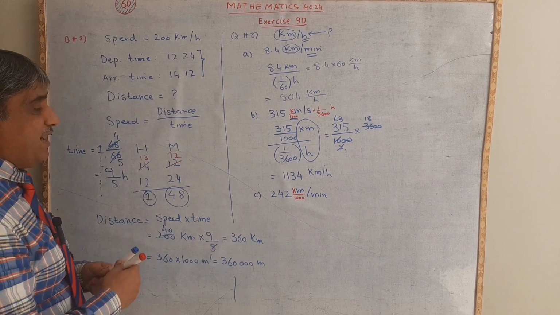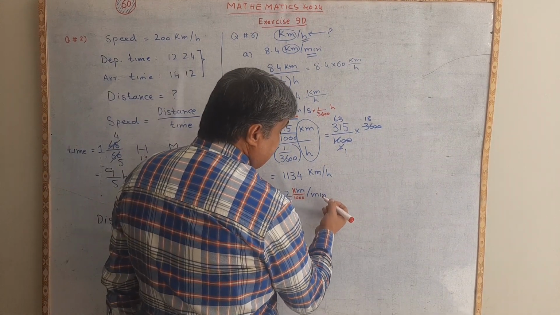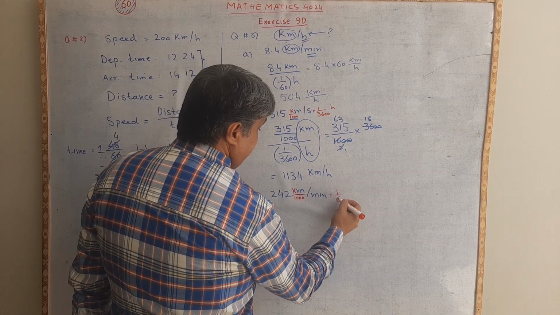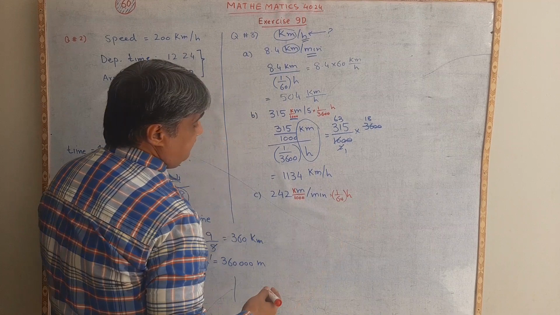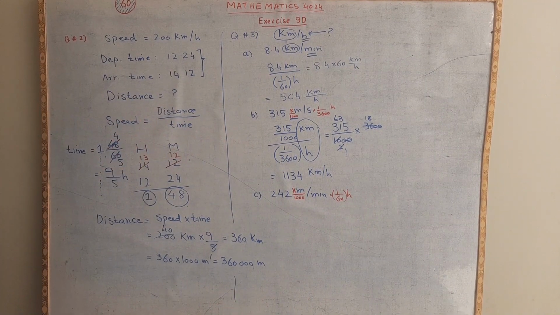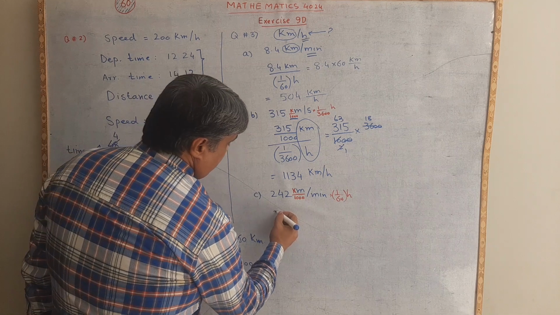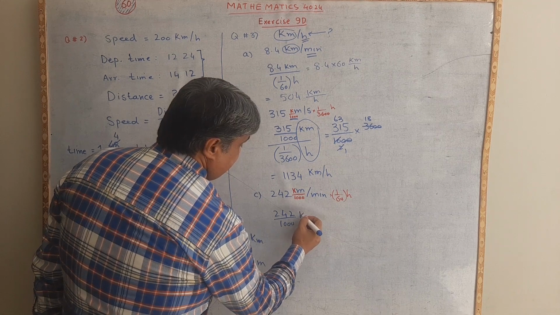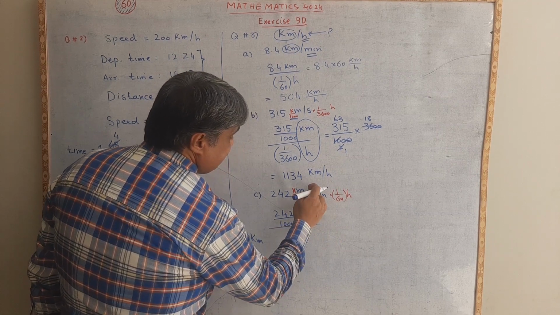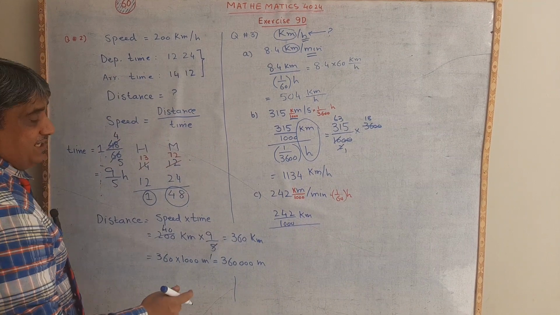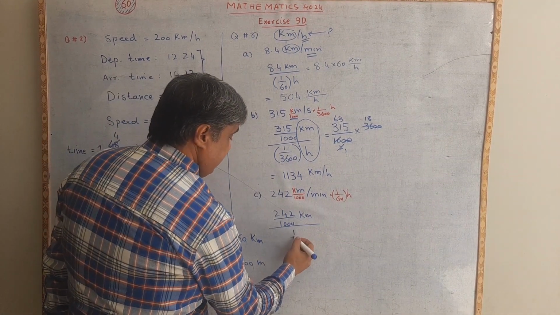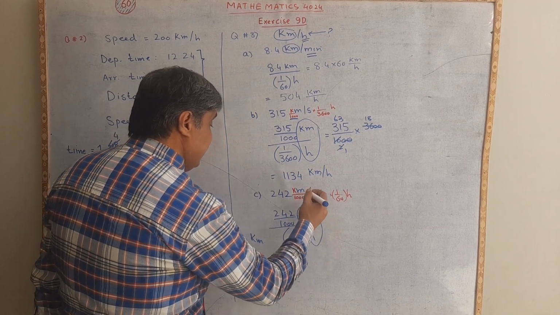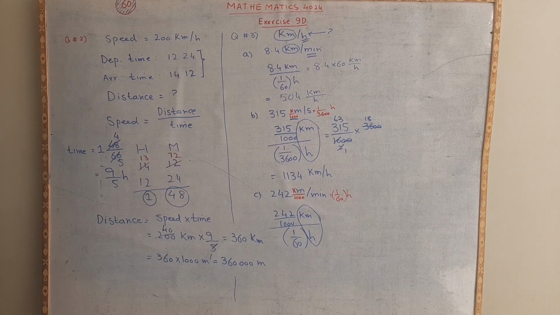Now in a minute, how many? Because we have to divide this 1 by 60, and it will become hour. So we have to write 242 divided by 1000 kilometer, and this is the forward slash, and then we have to divide 60 hour. So we are again getting kilometer per hour.